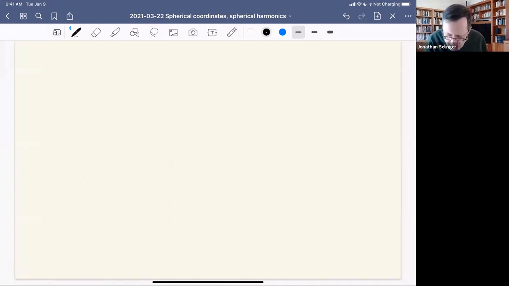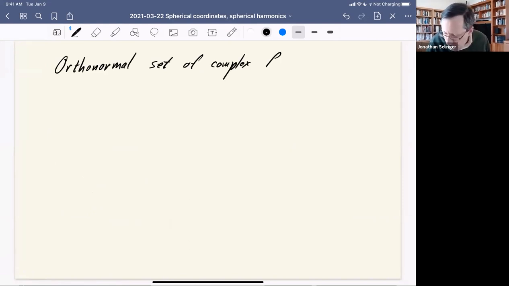We've talked a lot about orthonormal functions in this semester, and these are indeed an orthonormal set of complex functions.